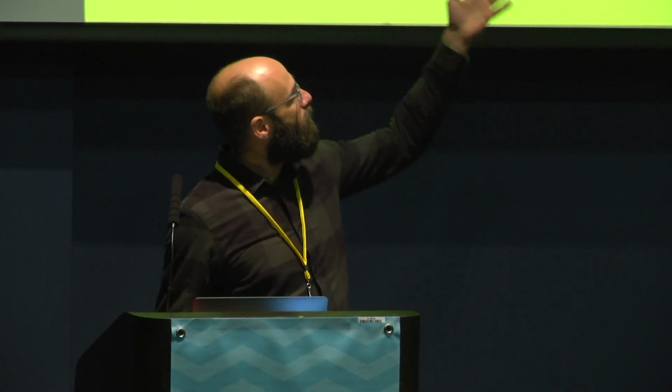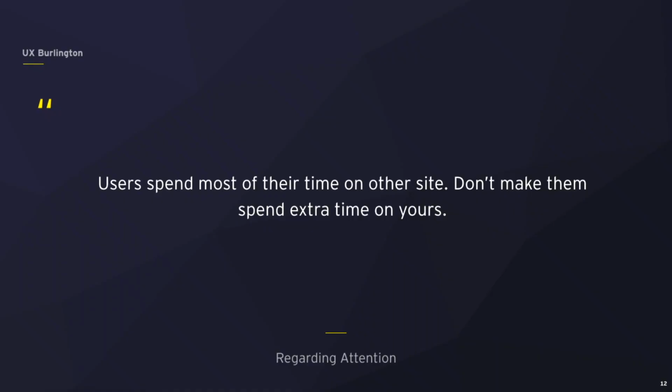Now, I agree with that, but I also have a different take when we think about attention span. I completely agree that users spend most of their time on other sites, on other products, doing other things. And so really, they also don't want to spend a lot of extra time on your site. So when you think about the amount of attention you need from a user, why you need it, and how much you are expecting them to pay are important questions for you to know, because most of the time people aren't going to, say, their banking site to spend an inordinate amount of time there.